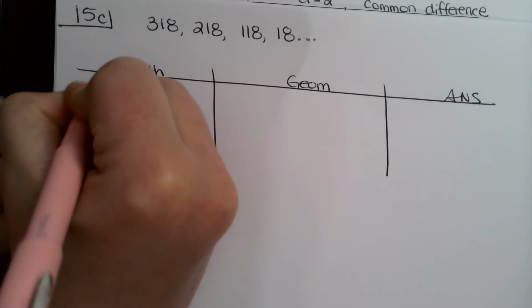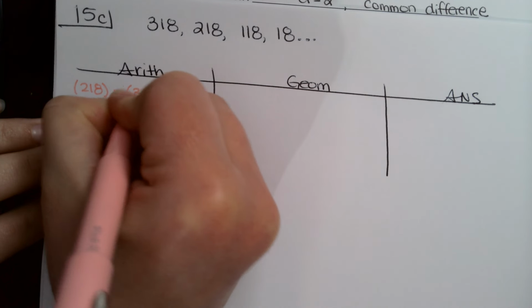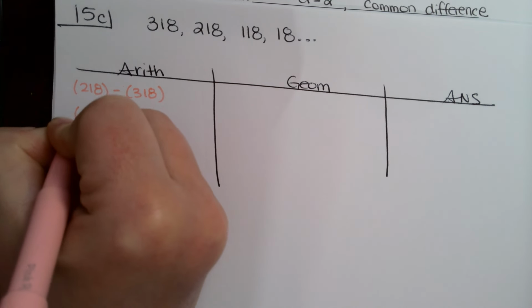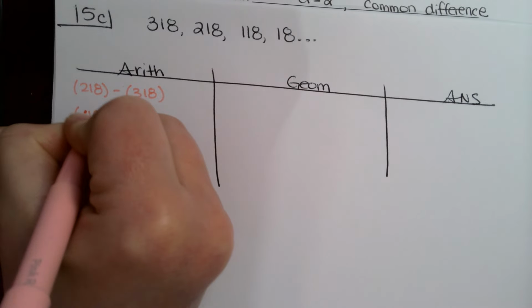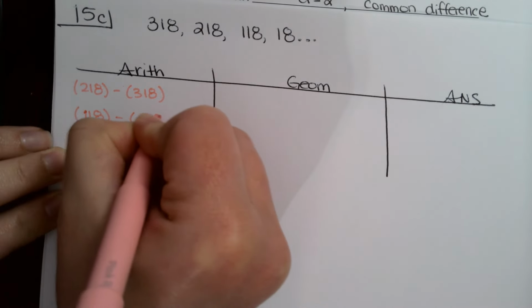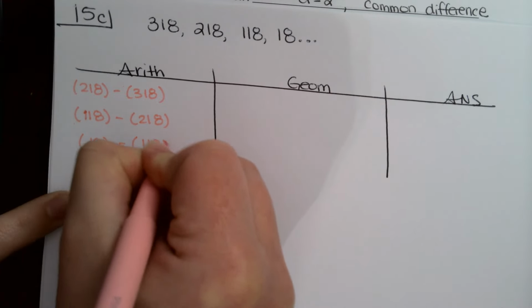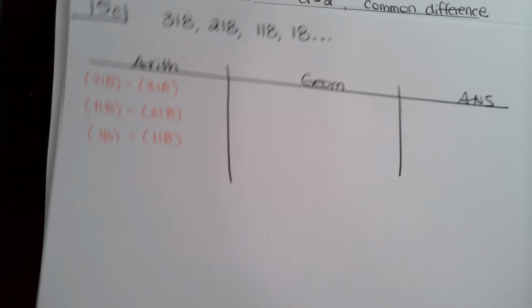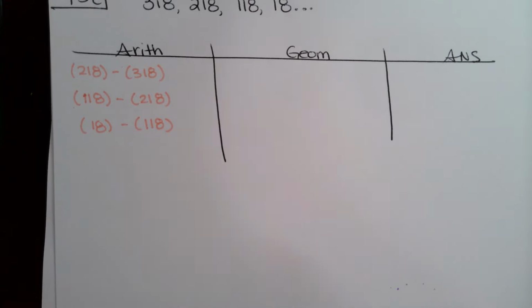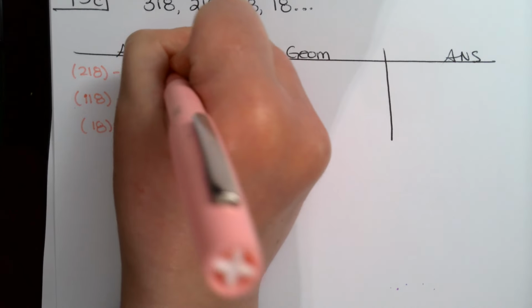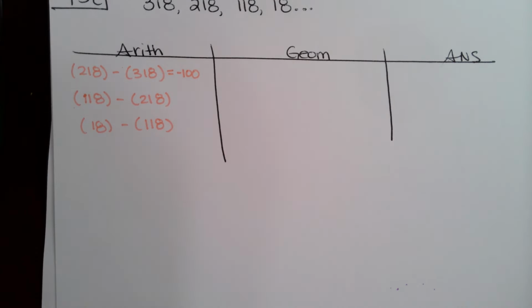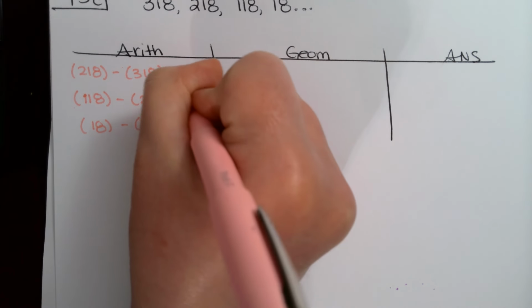So we got 218 minus 318, 118 minus 218, 18 minus 118. And we're going to subtract. 218 minus 318 gives me a negative 100. 118 minus 218, that gives us a negative 100.